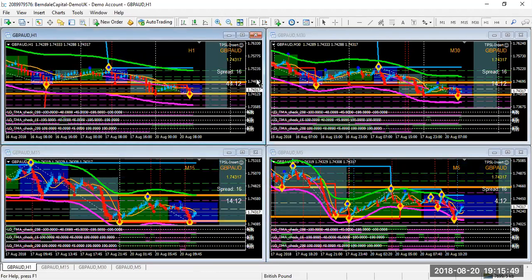Okay, so from here going up on the 5 minutes, in this view you can see that you get the pivot line, which is a dotted yellow, and then the green riverbank.